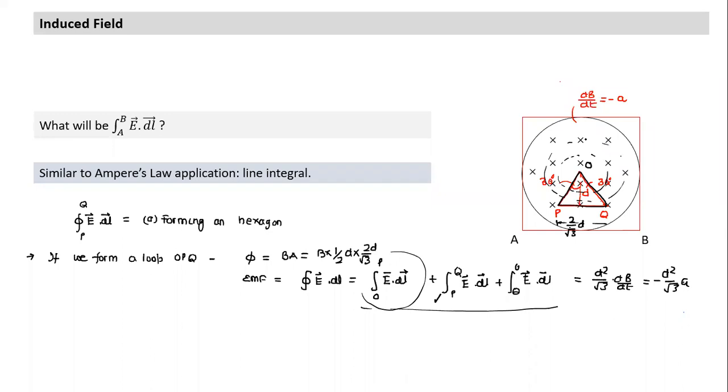If the induced field lines are circular in nature, what will E dot dl from O to P and Q to O be? These two will be equal to 0. Both will be 0. Why is it 0? Because O to P and Q to O are in the radial direction, whereas E forms concentric circles.